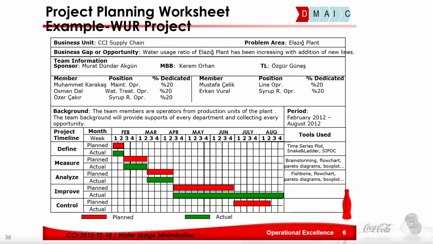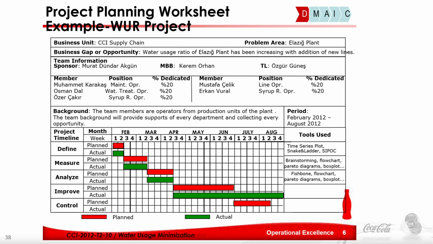On the extreme right side, we will see the tools that are used for this project. We have time series plots, snake and ladder diagrams, COPIS, brainstorming sessions, flowcharts, Pareto analysis, the fishbone diagram, Pareto diagrams, and box plots.